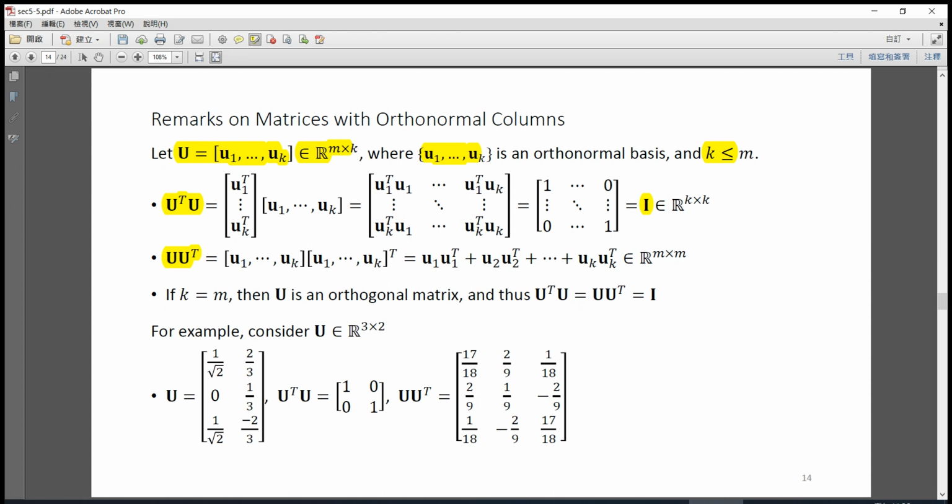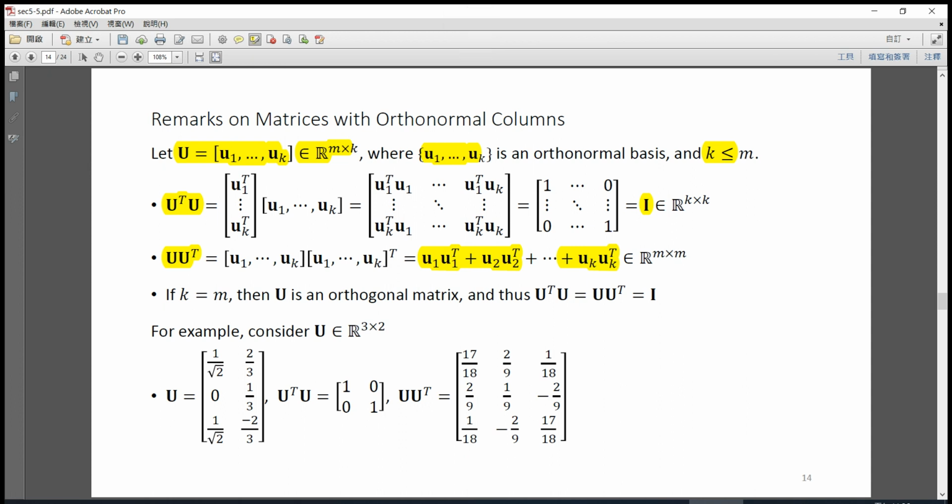In fact, U U transpose equals u1 u1 transpose plus u2 u2 transpose plus up to uk uk transpose. You can verify this by yourself. In general, if k is less than m, U U transpose will not be equal to the identity matrix.